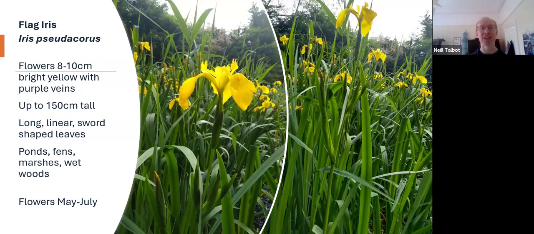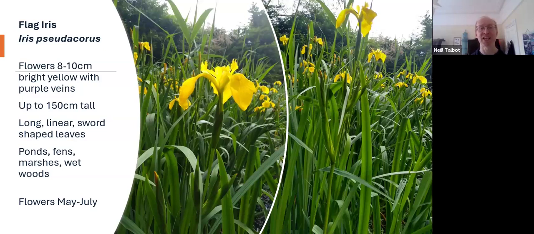So the flag iris, also known as yellow iris, genus Iris, and the species name is Iris pseudacorus. You get these very tall, pointed, sword-shaped leaves with long, sharp-looking points, up to 150 centimeters, so very tall, and the flowers are beautiful as well.